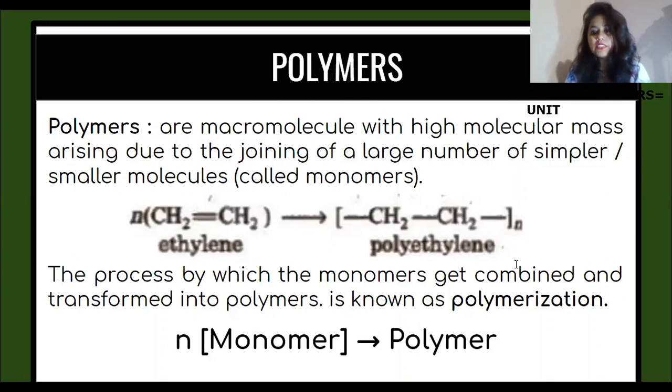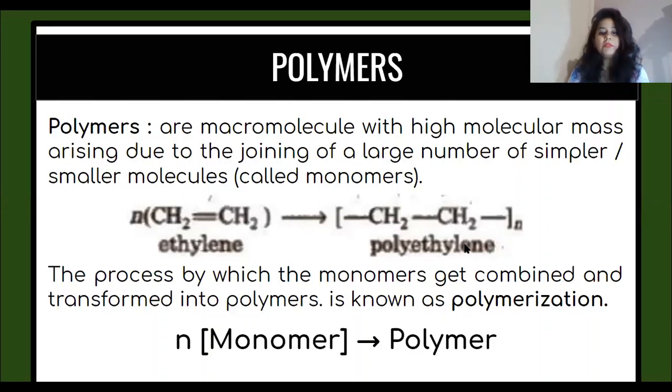Here, n is the number of ethylene units that combine to form polyethylene. So it becomes simpler to define polymerization: any process by which we combine monomers so that they are transformed into a polymer is called polymerization.